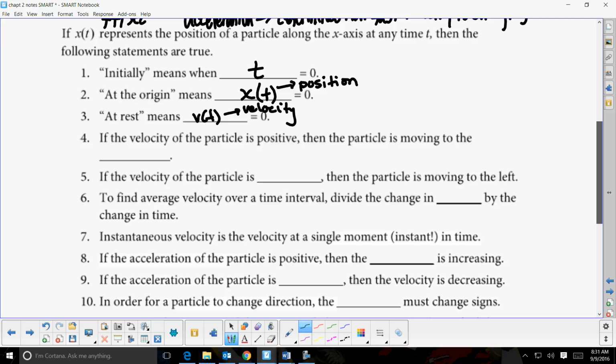Okay, what'd you get for 4? To the right. And 5? Already filled in. Guys, 6, 7, 8.